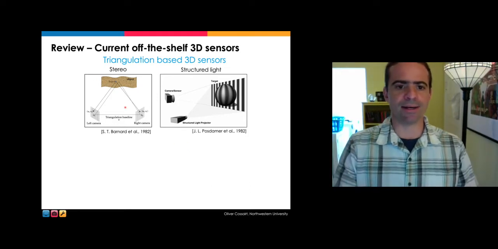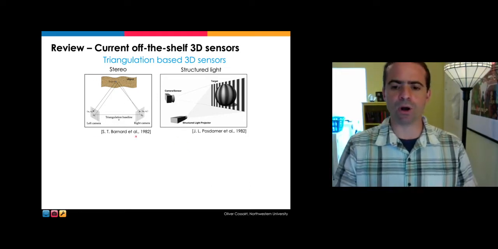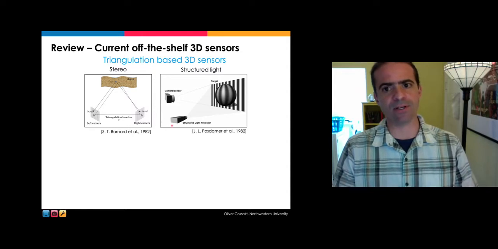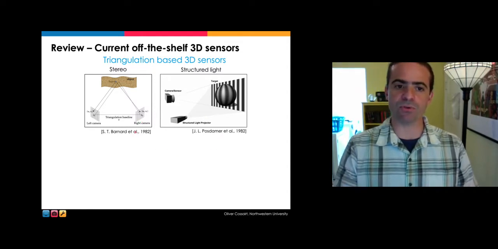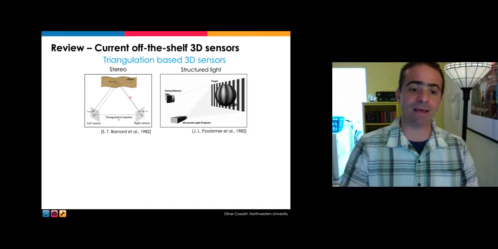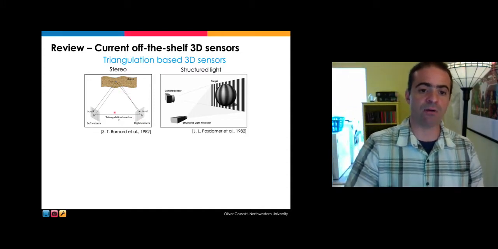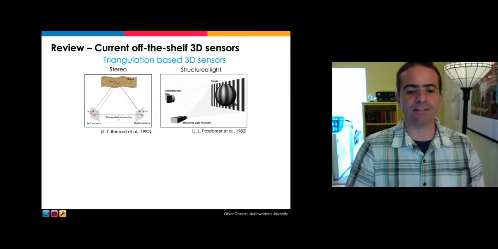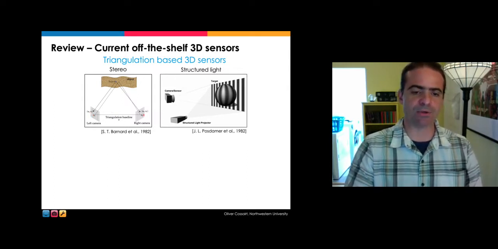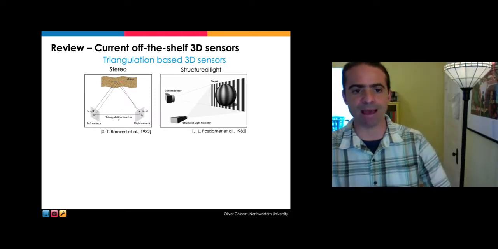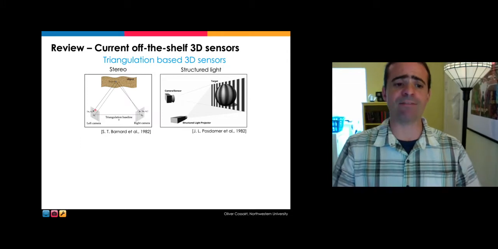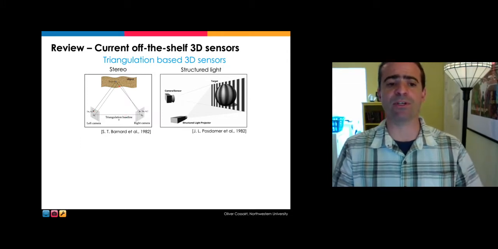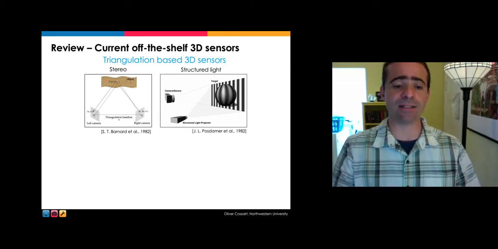There are two large families of 3D sensors. The first based on triangulation principles, so those could either be passive methods such as stereo or photogrammetry, where we have two different images taken from two different perspectives that produce two different perspective mappings of a scene. If we have calibrated cameras, we can identify common features from the different images, then we can compute their 3D distance directly in this passive sense.